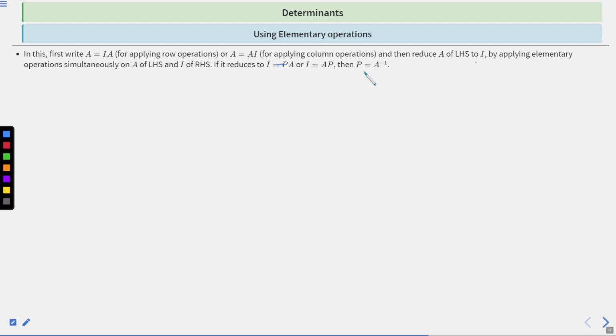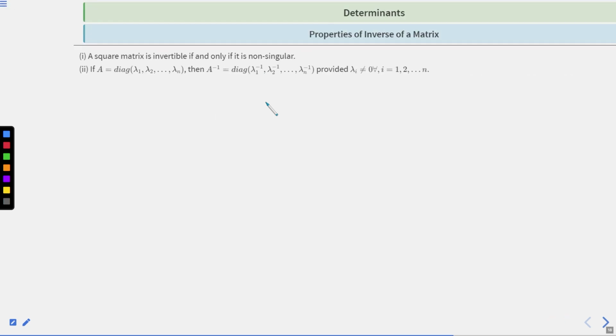Then P is A inverse, because we have multiplied by A inverse on both sides. P is basically A inverse. So by this, using elementary operations, we can calculate the inverse of a matrix.